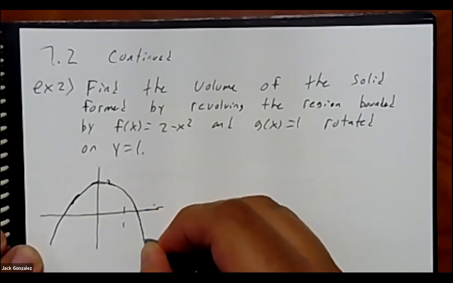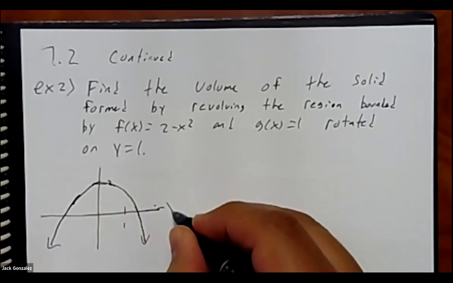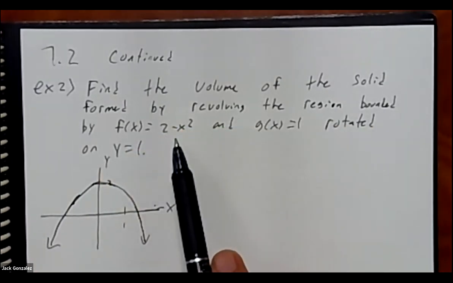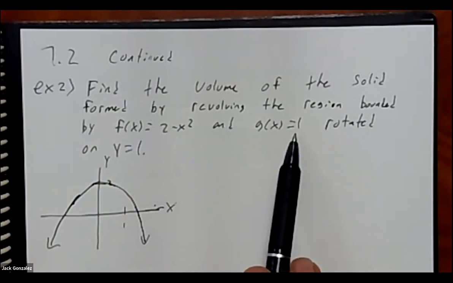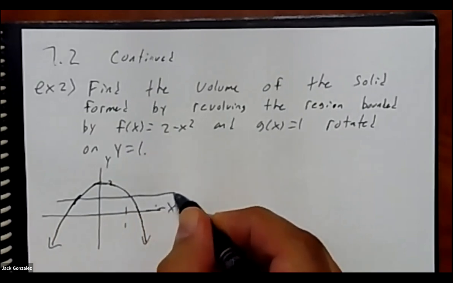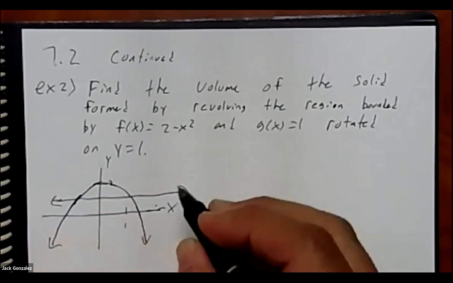Although that doesn't matter now that I think about it, because it said there's a second part, right? Bounded by this parabola and bounded by g of x equal to 1. So if 1's right here, then I just need these points.